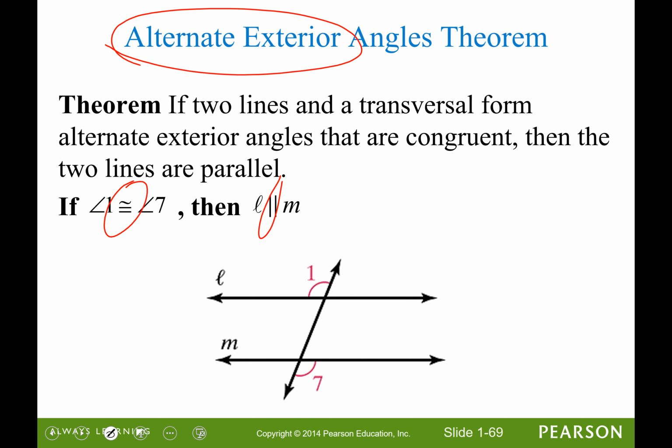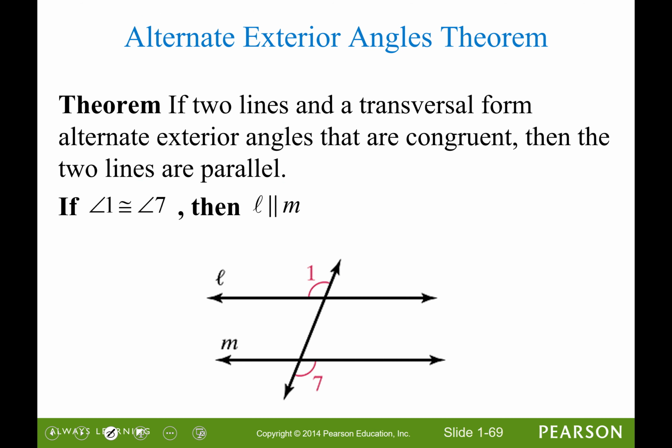Okay, so looking at this figure, same scenario, lines L and M, if they line up, and by line up, I mean if they are in parallel position, then you can see that angle 1 and angle 7 are congruent. So if angle 1 and angle 7, or any pair of alternate interior angles, are congruent, then you can conclude that line L and line M are parallel lines.